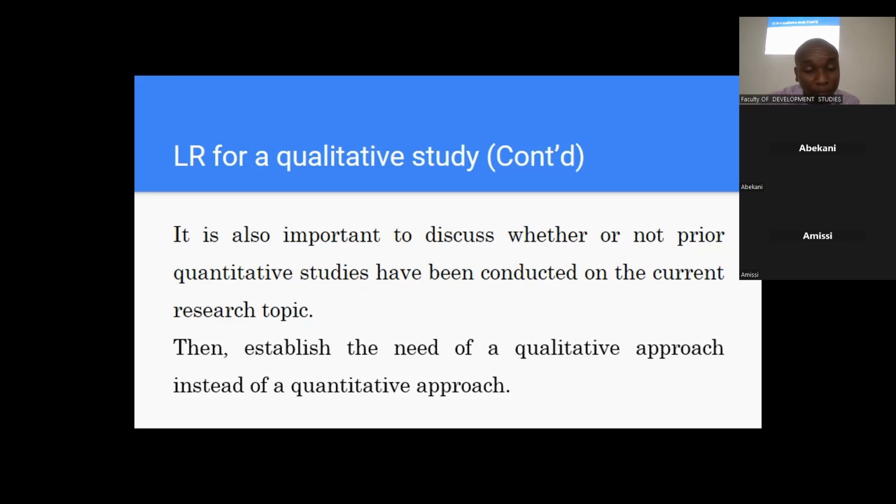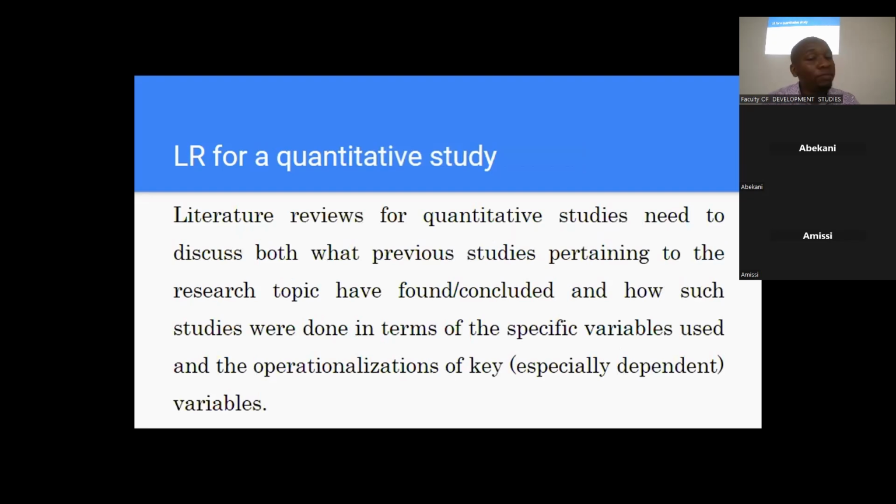How about a quantitative study, the literature review for a quantitative study? Literature reviews for quantitative studies need to discuss both what previous studies pertaining to the research topic have found and concluded, and how such studies were done in terms of the specific variables used and the operationalization of key variables.